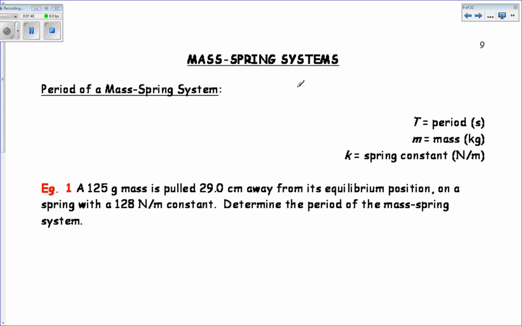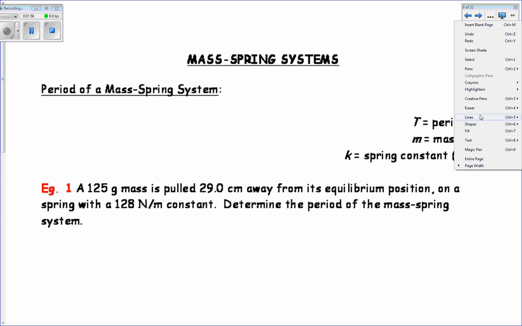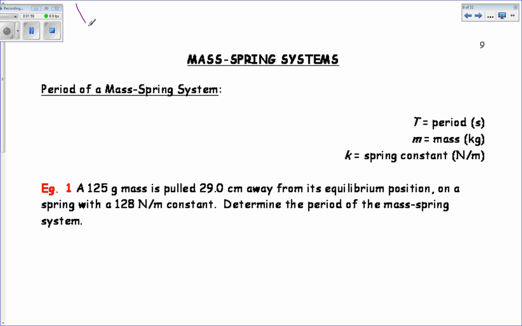Just as a reminder, simple harmonic motion. Actually, hang on, I'm going to do a text box and write, because that's just a little easier. Okay, so on Wednesday we talked about pendulums, and we introduced the concept of simple harmonic motion, usually just called SHM.